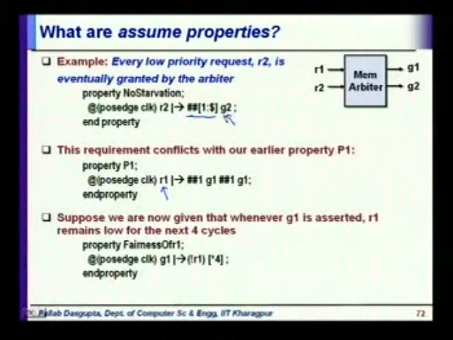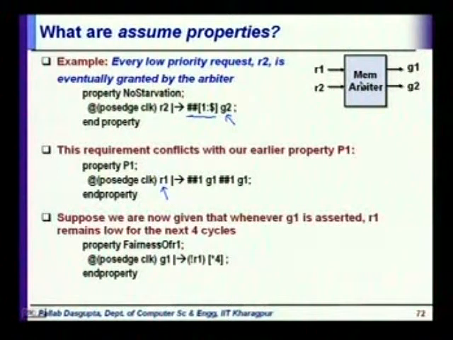In general, if you give these two properties, there is a conflict. But we may know that for our system, R1 will not be asserted forever. This is our understanding of the context in which this arbiter is being used.